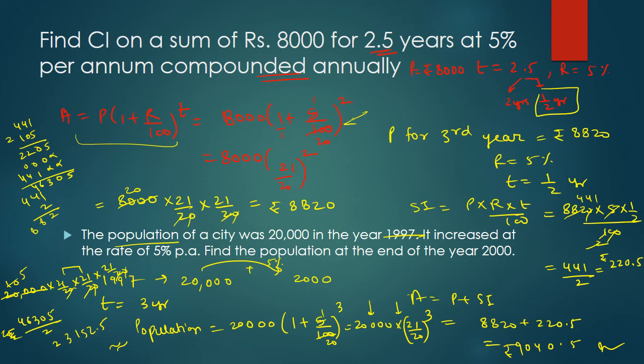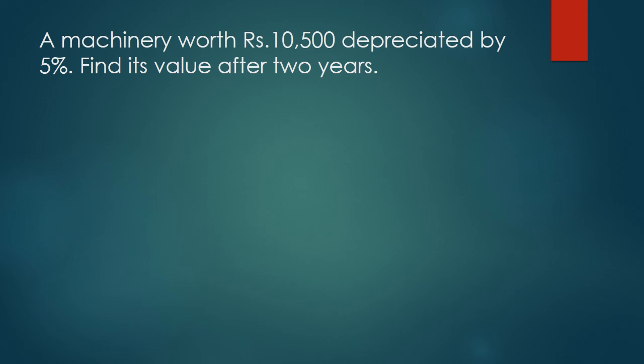Okay, then you have a machinery worth rupees 10,500. This is the original value, you can say P naught, depreciated, that means the value is decreasing day by day. The decreasing rate is 5% and time is 2 years.